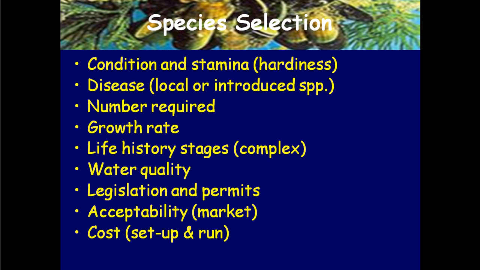Here are a few of the things that need to be taken into account. The condition and stamina, the hardiness of the organism. It's all good and well to say that you're going to go ahead and culture orange roughy.